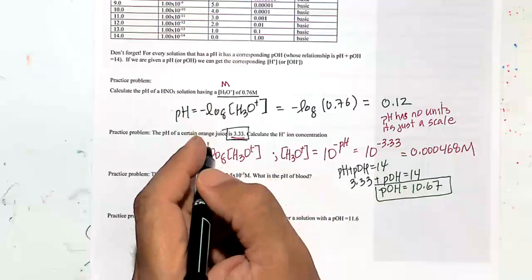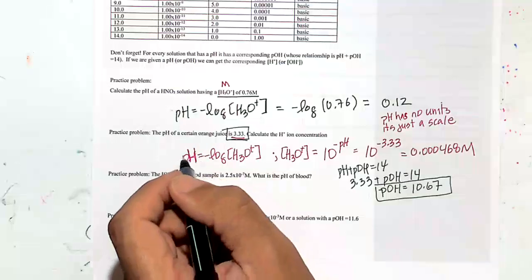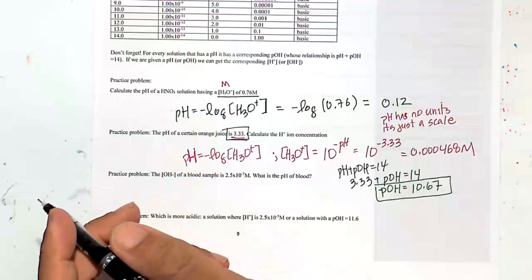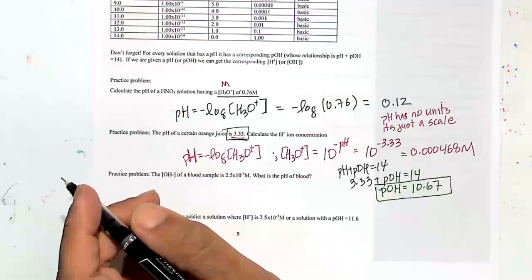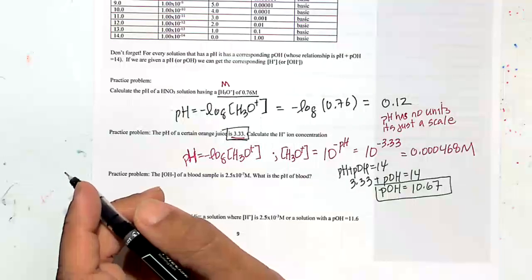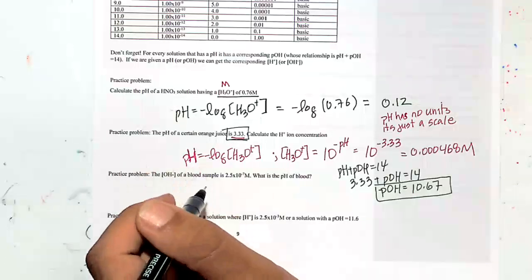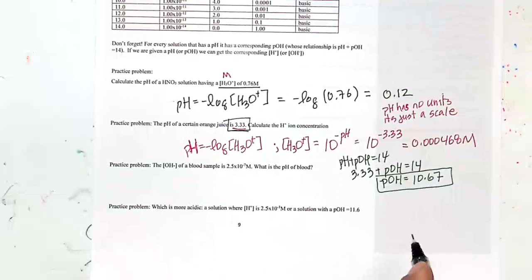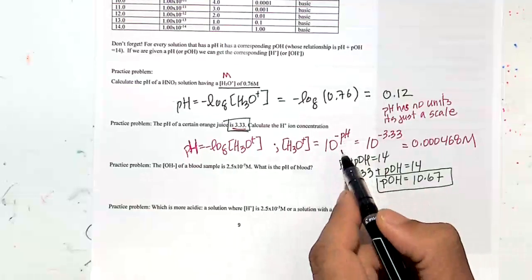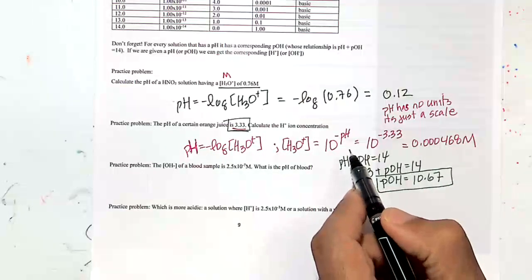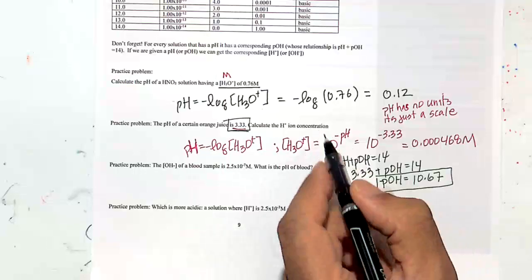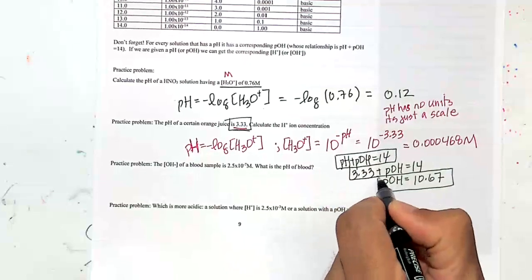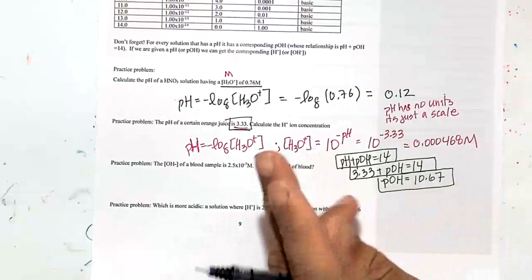That is our pOH, hydroxide. The pH of the acid, H plus, is 3.33, given to us in the problem. So why is it 10.67? Because pH plus pOH is equal to 14. Oh, so you subtract that. Utilizing this equation, yes.